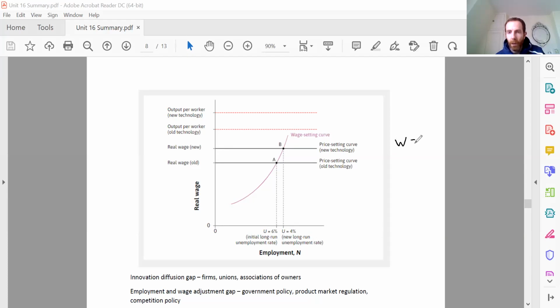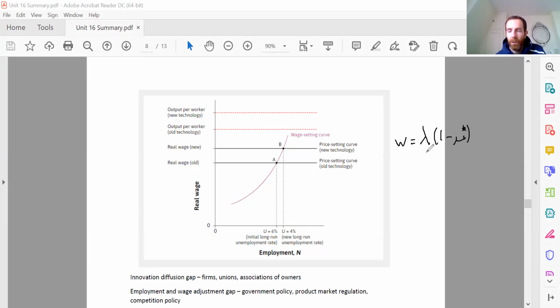Well, we come back to this key equation that the real wage is determined by productivity and 1 minus mu star. Lots of stuff we've considered so far has an impact on the equilibrium markup, things that determine what markup firms would want to see in order to enter the market.